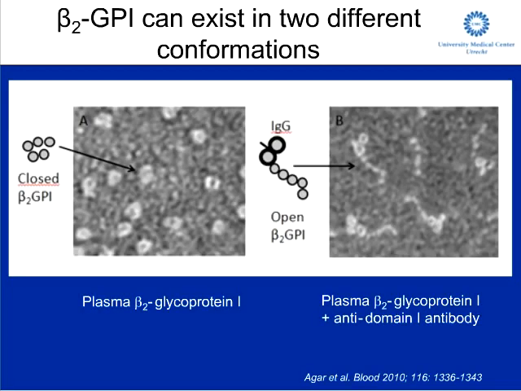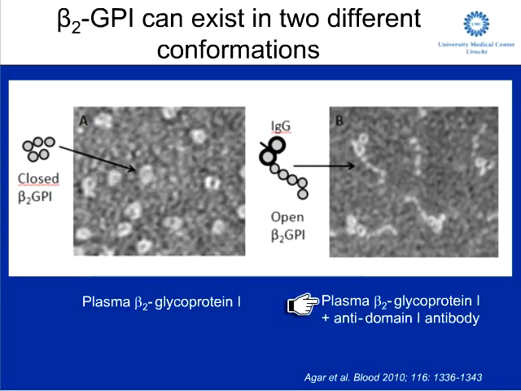It turns out not to be the case. We did electron microscopy studies together with a group in Lund, and if you isolate plasma beta-2-glycoprotein 1 and study it with electron microscopy, you see circles everywhere.